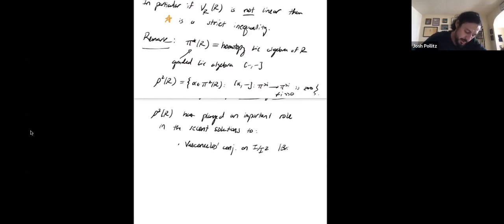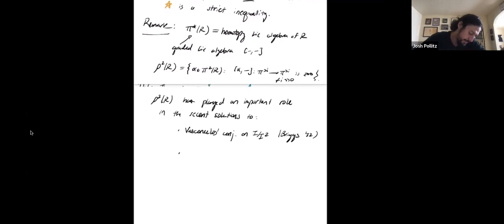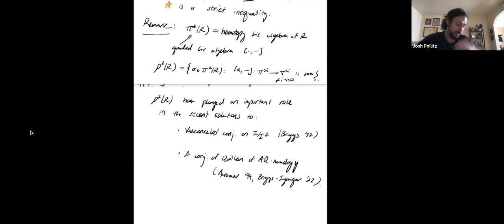That was due to Briggs, and now published in 2022, as well as a conjecture of Quillen, on vanishing of André-Quillen homology modules. And this is due to Avramov in '99, but also recent work of Ben Briggs and Srikanth Iyengar, also in '22.